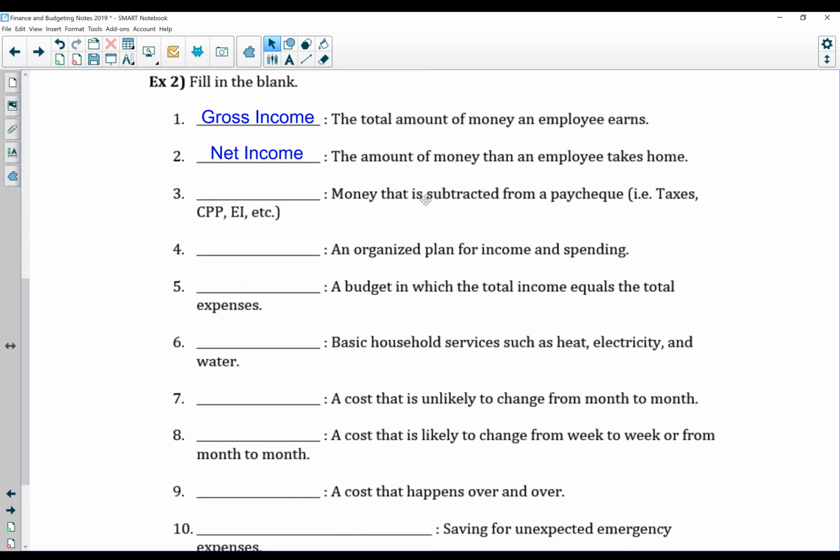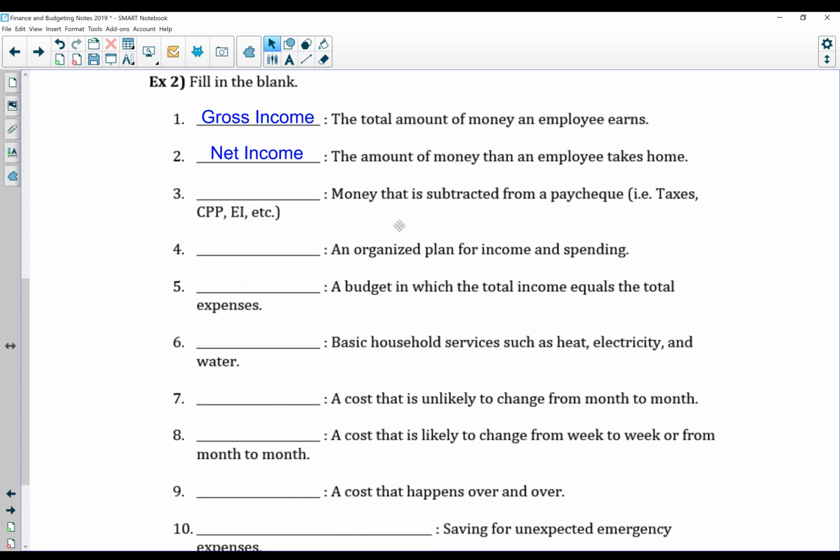Number 3 is money that is subtracted from a paycheck. You get your gross income, and then some money gets subtracted, like taxes or CPP, the Canadian Pension Plan. That is you saving towards your pension for when you retire. EI is employment insurance.